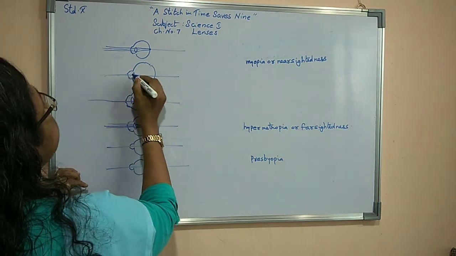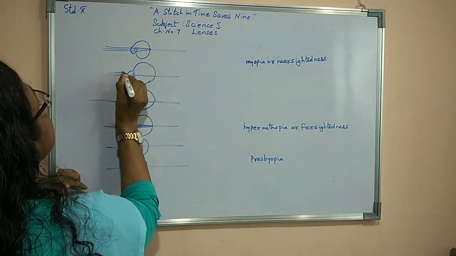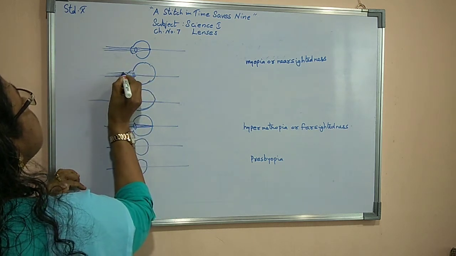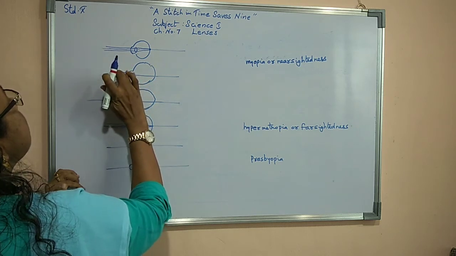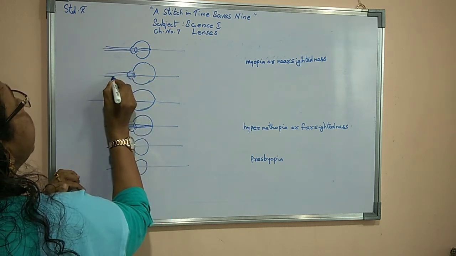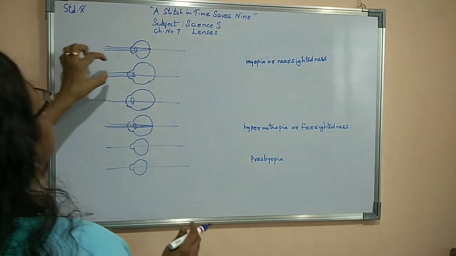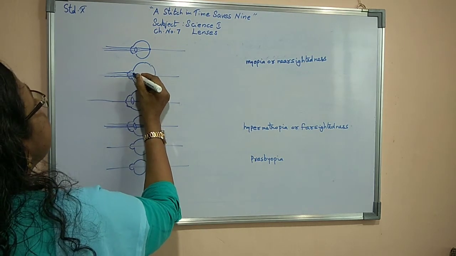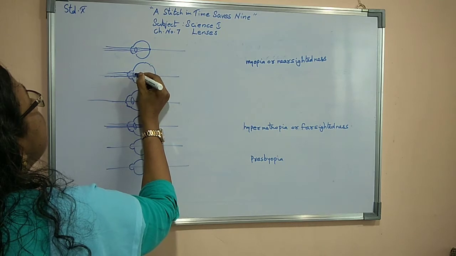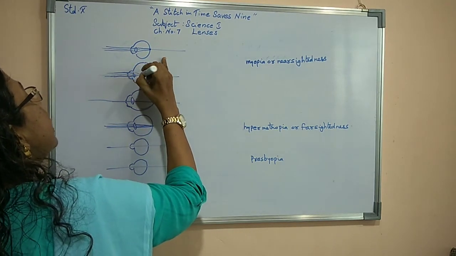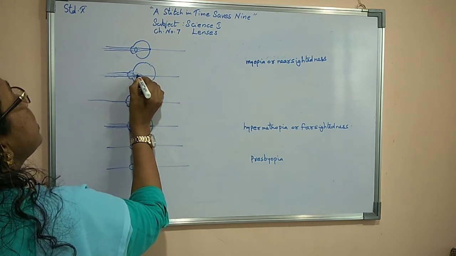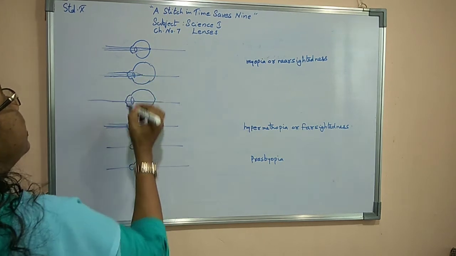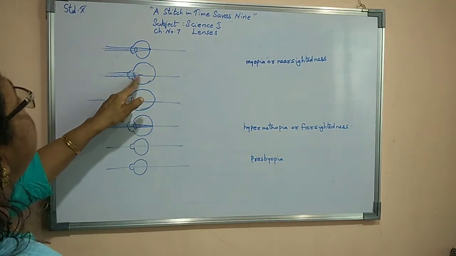Now in this case, the ray which is going and hitting on the eye lens, in case of myopic patients or myopic defect, as and when the rays which are going from faraway objects, after hitting on the lens, converge at a point in the eyeball which is in front of the retina.